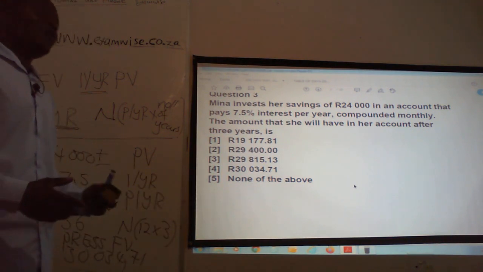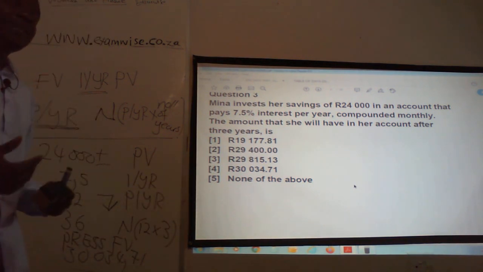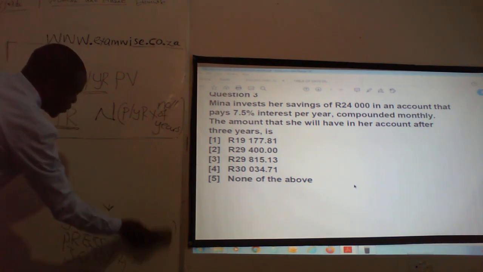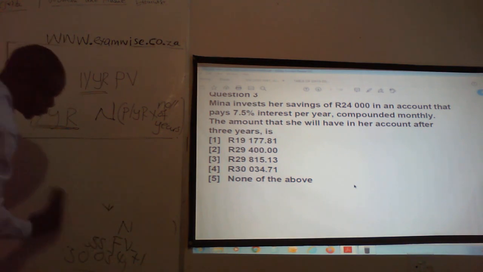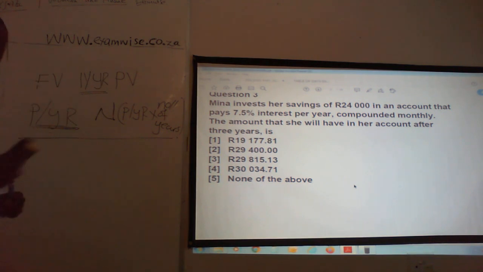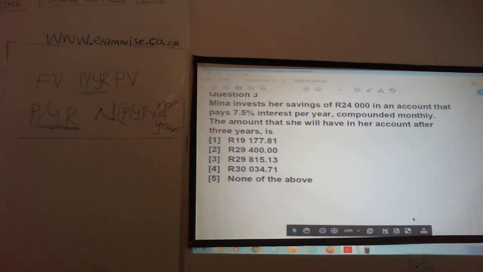So as we go, we shall also add other tips and techniques to excel in the exam. So let us go to the next question, which is question number 4.